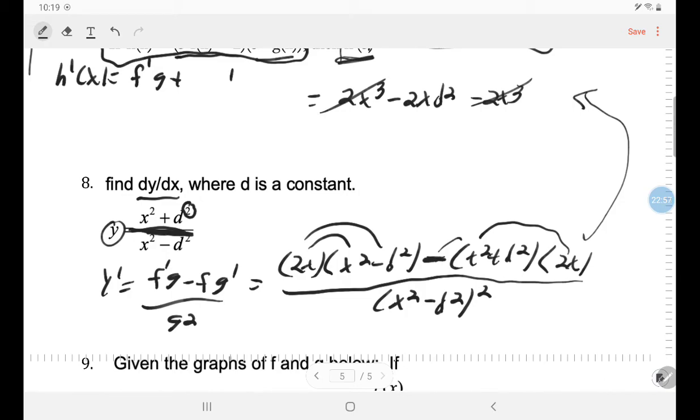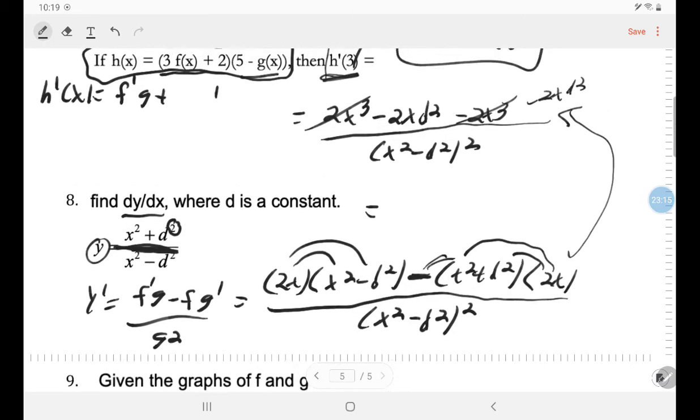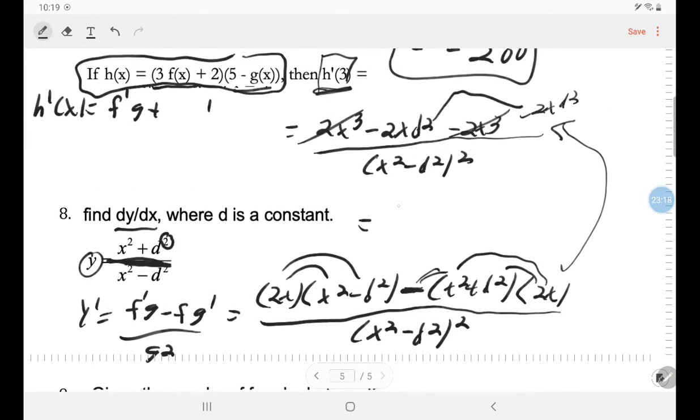Those cancel. And then when I distribute this, 2x d squared, and then distribute the minus, it's minus 2x d squared all over our denominator, x squared minus d squared squared. So combining these two like terms gives me negative 4x d squared. Negative 2 of them minus 2 more. And then over our denominator, x squared minus d squared quantity squared.